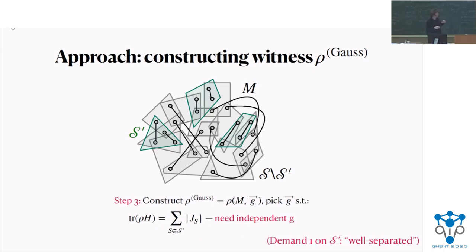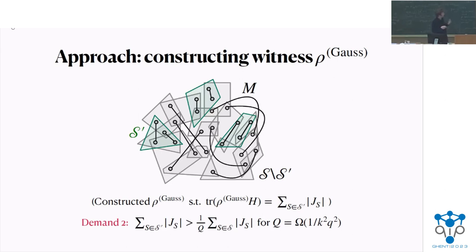Now, we want to maximize the contribution from the Hamiltonian, and if these green terms are sufficiently far apart, I write there well separated S prime, so this is going to be our condition S prime. I'm going to spell it out in a second. Then, if these g's are independent, we can decide on our own signs in every term, and then we're going to have positive contribution with a guarantee.